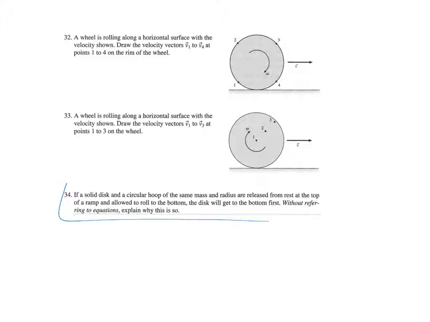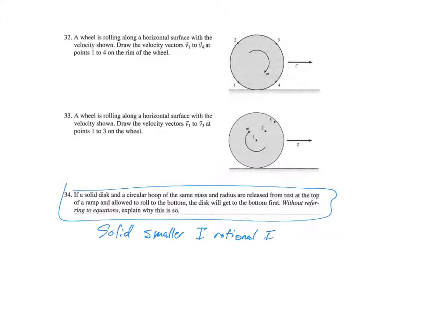Really why I picked this page, because the solid disk has a smaller I, rotational inertia, the hollow, didn't they say hollow? Circular hoop. So the hoop has a larger I/rotational inertia.